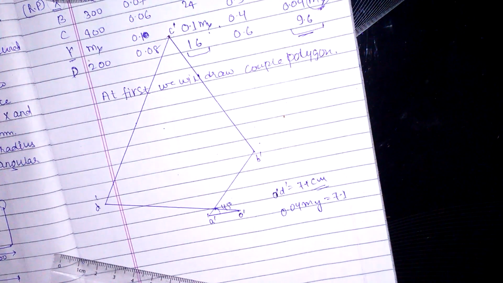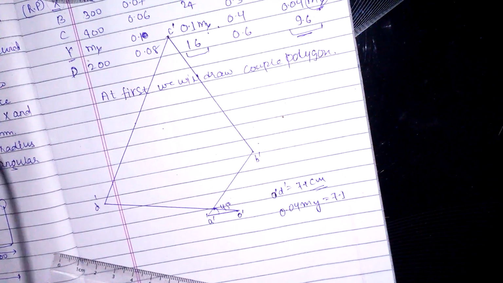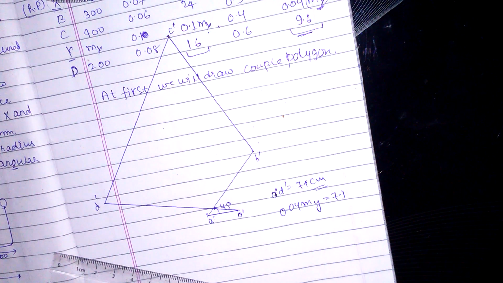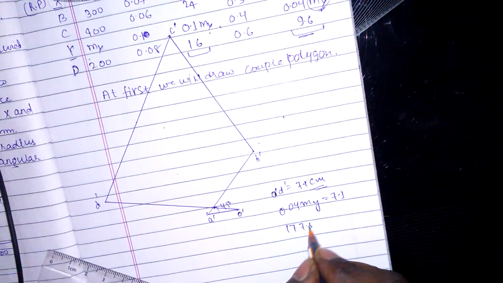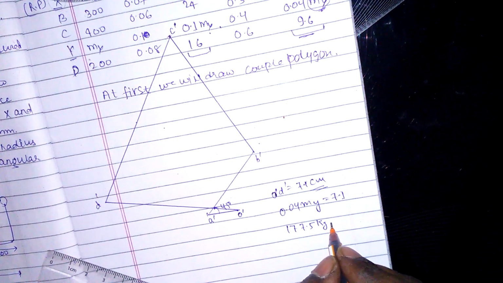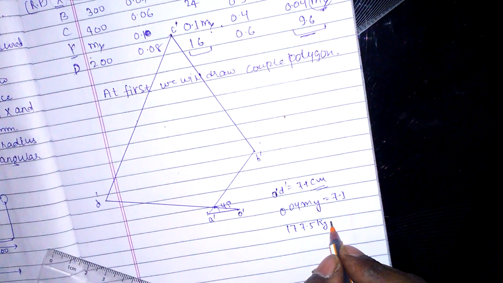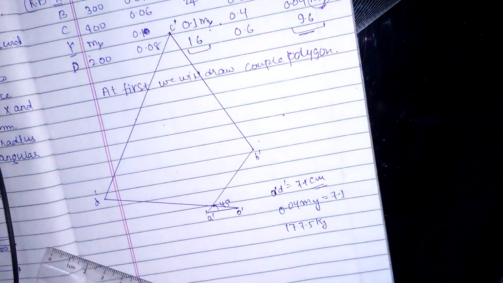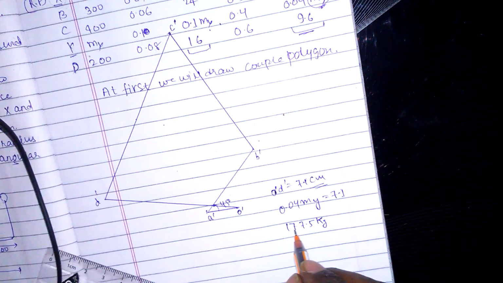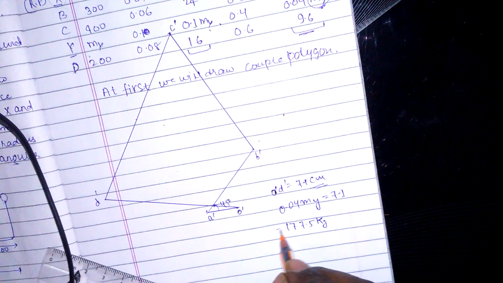What is the value? Let me calculate. Okay, it would be equal to 177.5 kg meter square. So my is 177.5 kg.